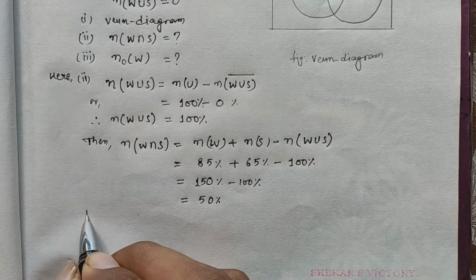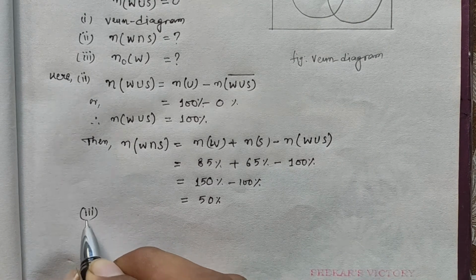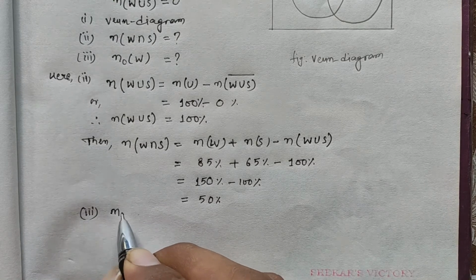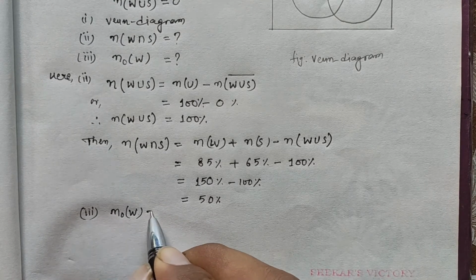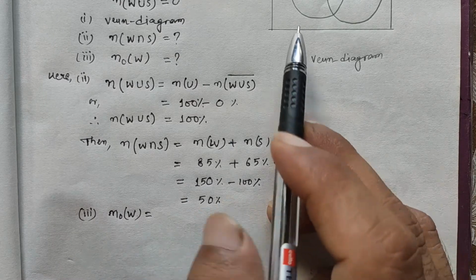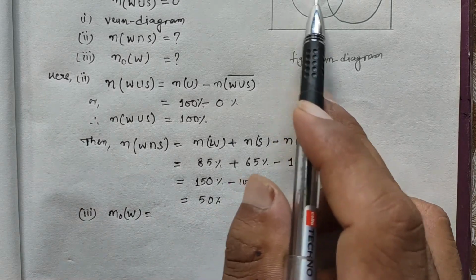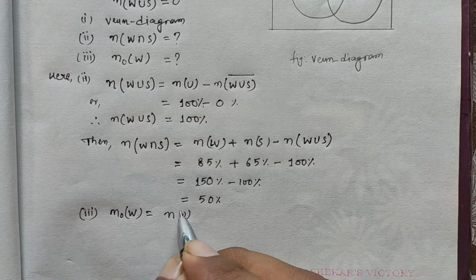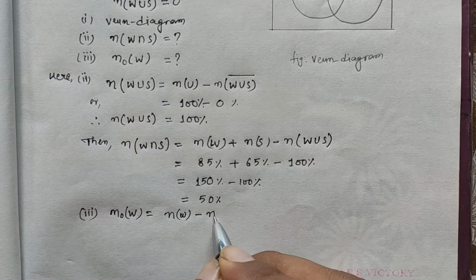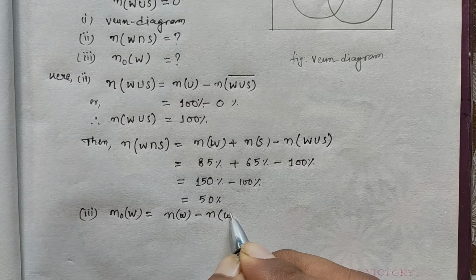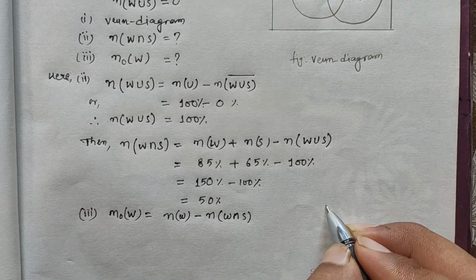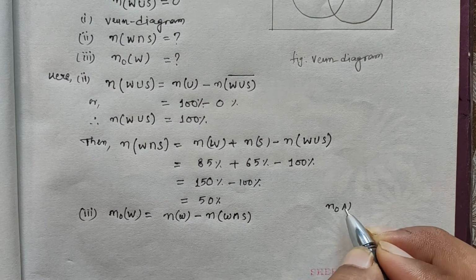So in the third part, in triple I, you have to find n only W. So we have the formula for n only W. You can directly write from here 85 minus x, or you can use the formula n(W) minus n(W intersection S). As we have the formula for n only A, what's the formula for n only A?